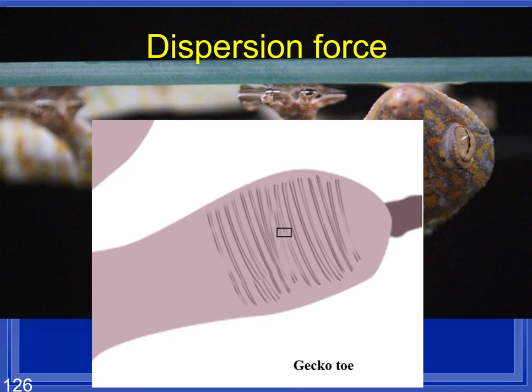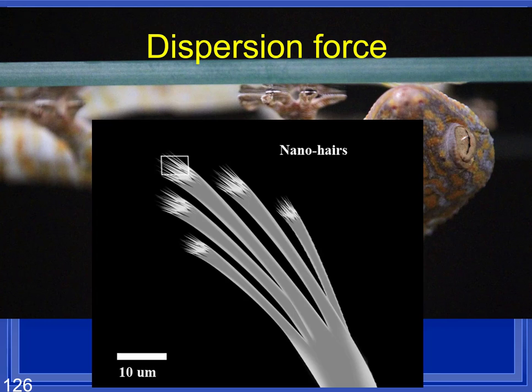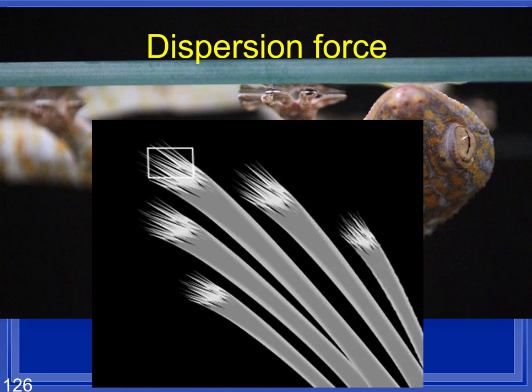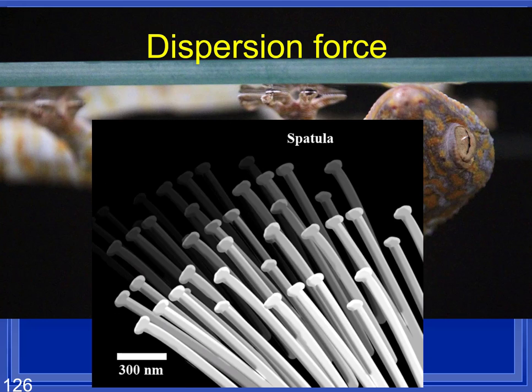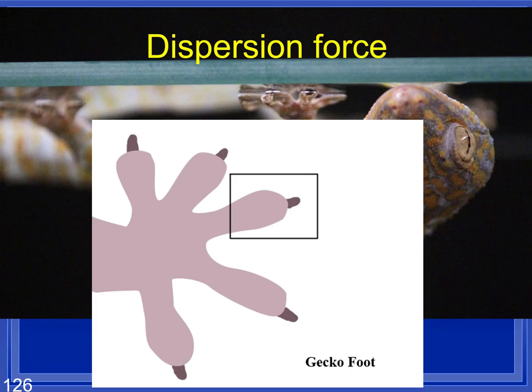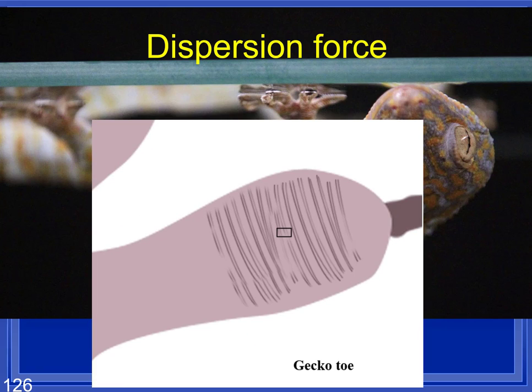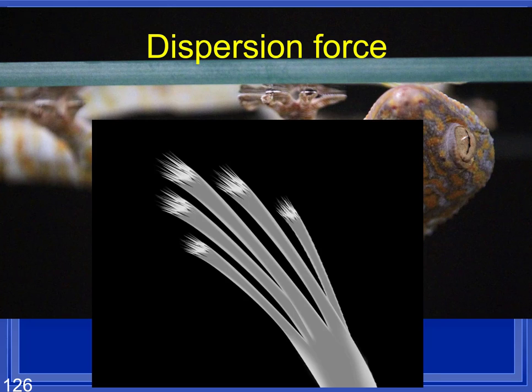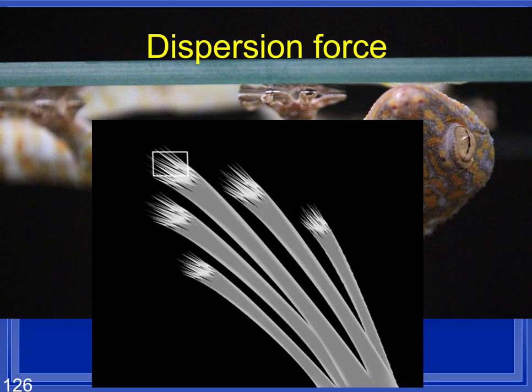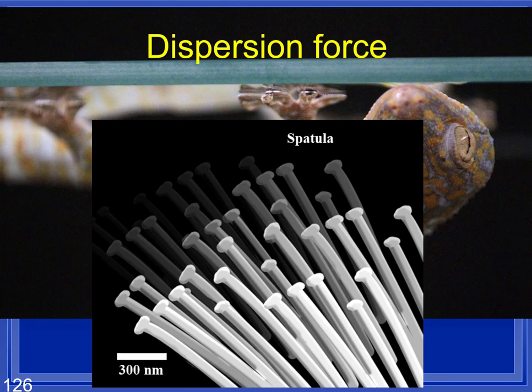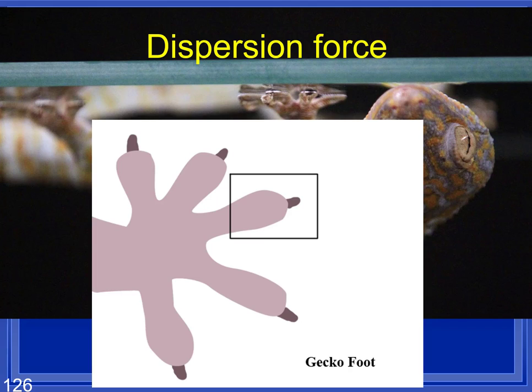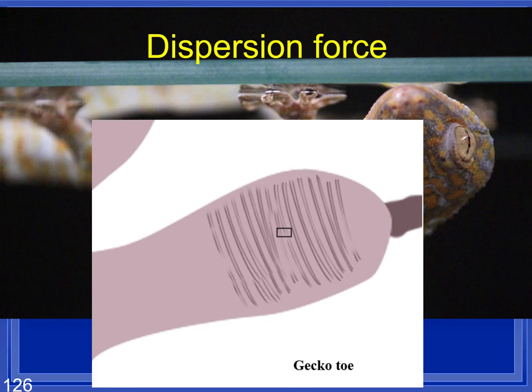And the electrons are not evenly distributed in those little tiny knobs at any given time. So they move the electrons around in the glass just like the balloons move the electrons around in the wall. And it's dispersion forces that let a gecko hang by its foot. And the key is it's got lots of surface area to do it. It's touching molecule by molecule all across the surface because those hairs are so fine.